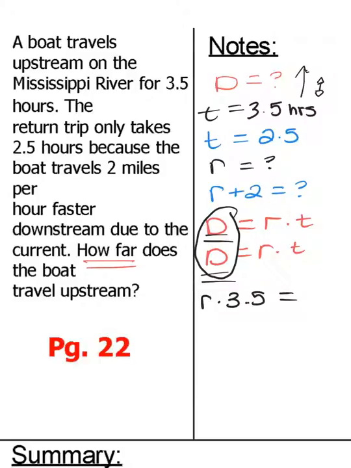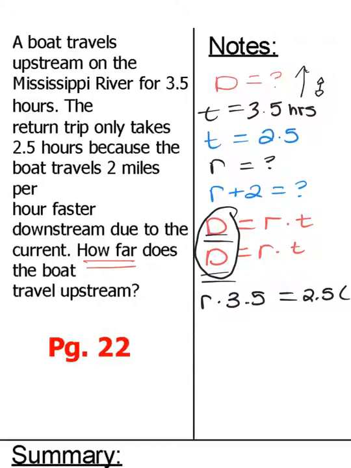Does that make sense? Because I'm traveling the same distance, I can set them equal to each other. So downstream, I'm going to be traveling a certain rate, and I'm going to take 2.5 hours, and that rate is whatever my previous rate was plus 2. Does that make sense?